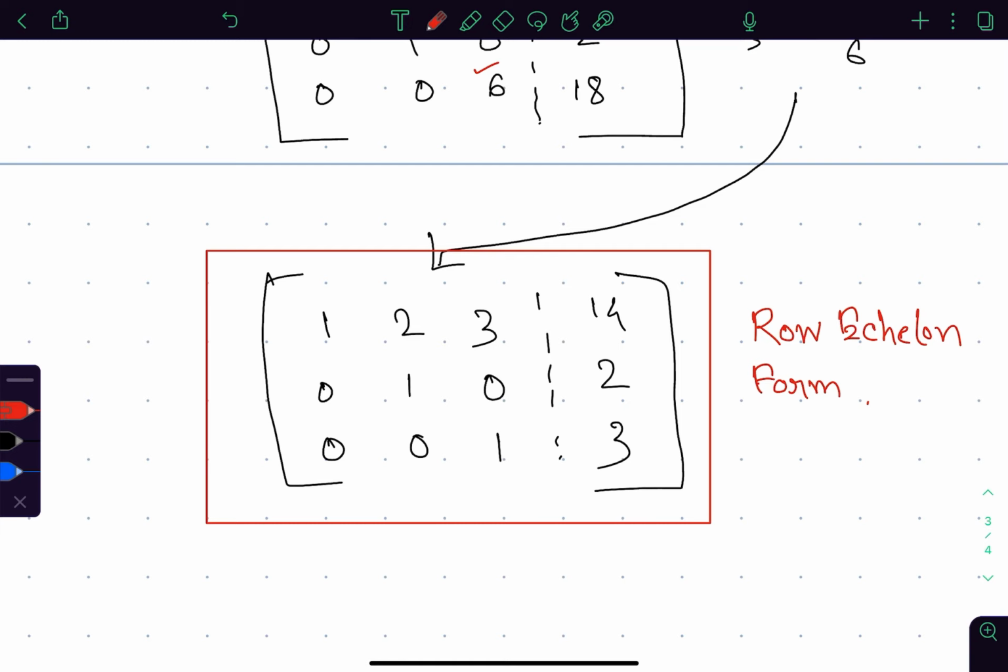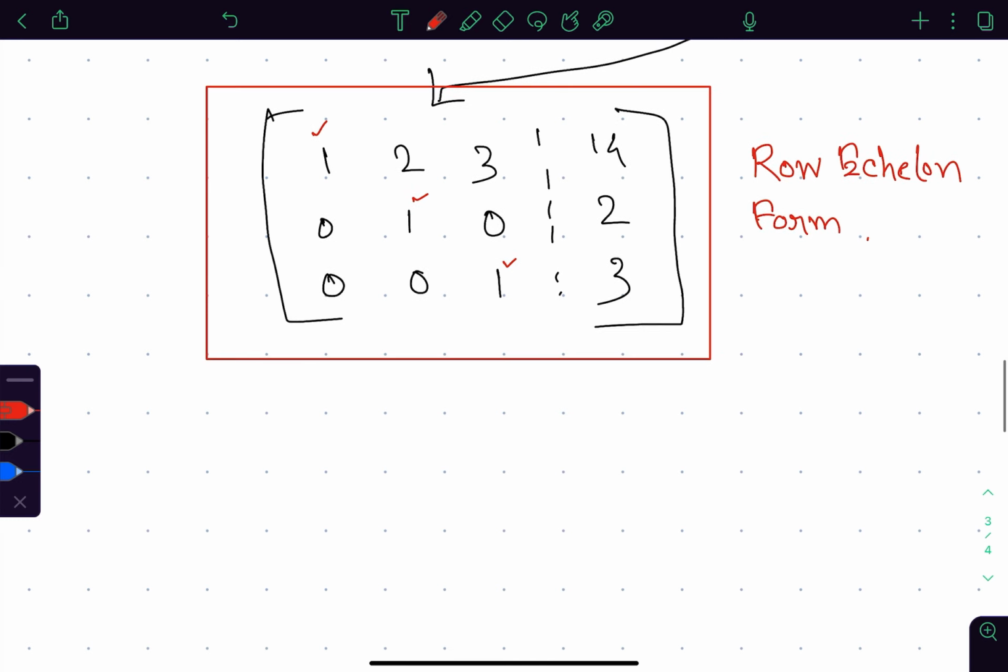We have done forward elimination for this matrix, nothing else to do, because we have all the pivots and all the elements below the pivots are 0. So at the end, what remains is called row echelon form. So this is the row echelon form.